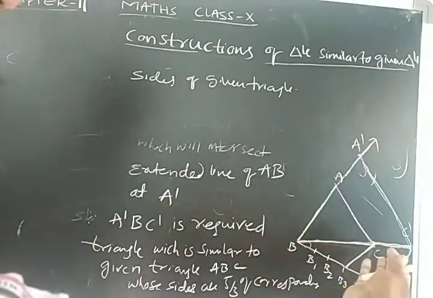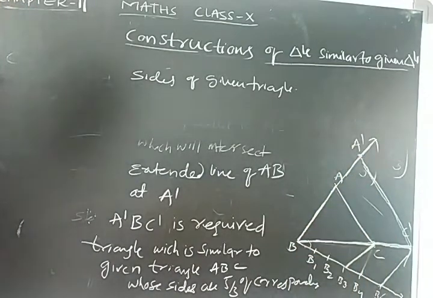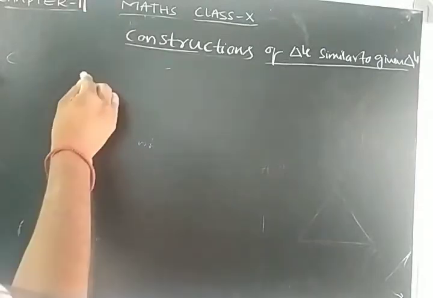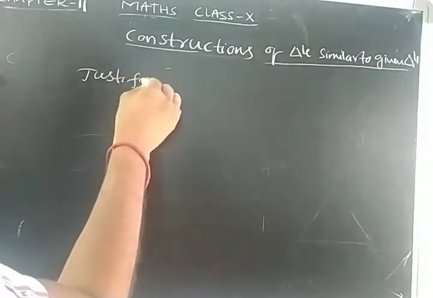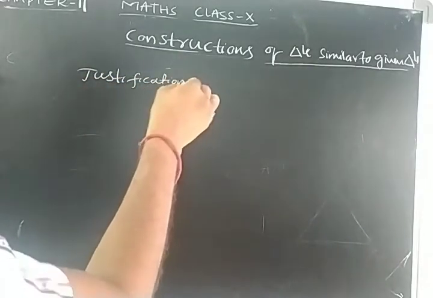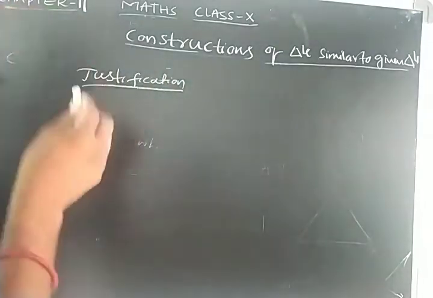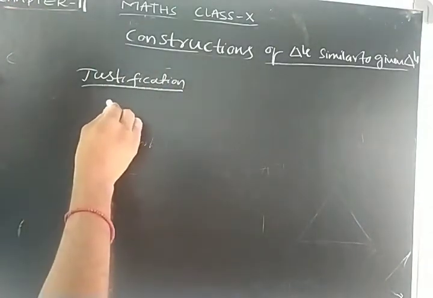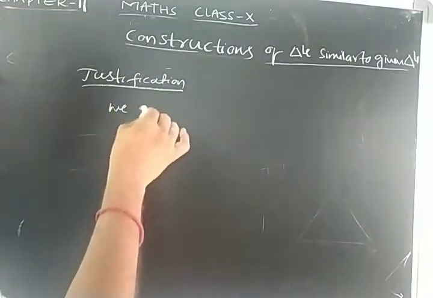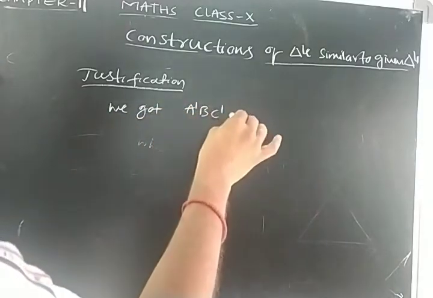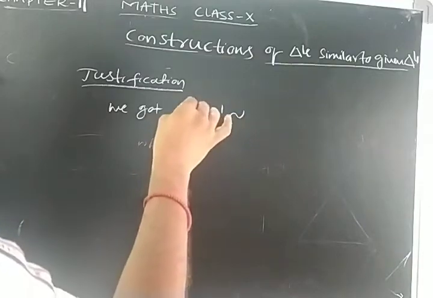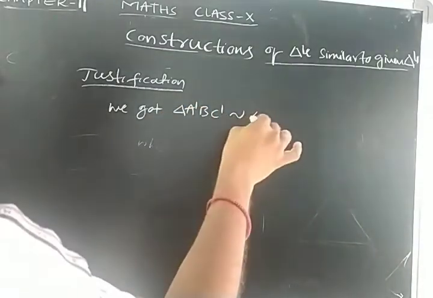Now we have to justify whether its sides are 5/3 of the corresponding sides of the given triangle or not. Now let us do the justification. We got triangle A dash B C dash is similar to triangle ABC.